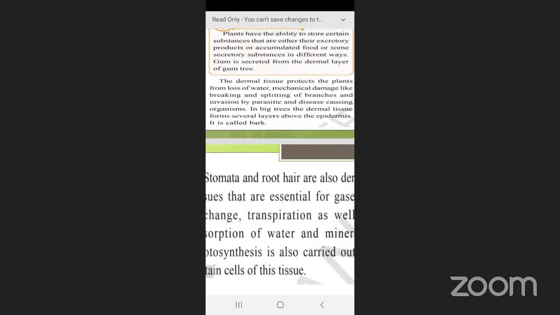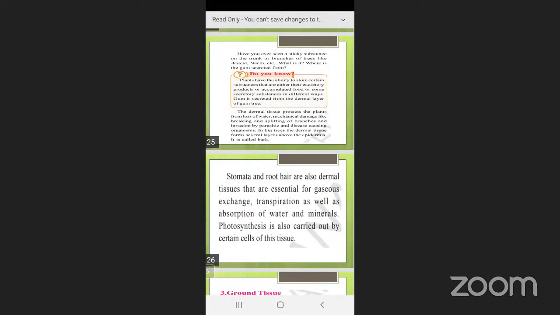Okay. See here, the stomata and the root hair, as we discussed just now. The pore-like structures called stomata are enclosed by two bean-shaped, kidney-shaped cells. And the root also has hair-like structures, root hairs.